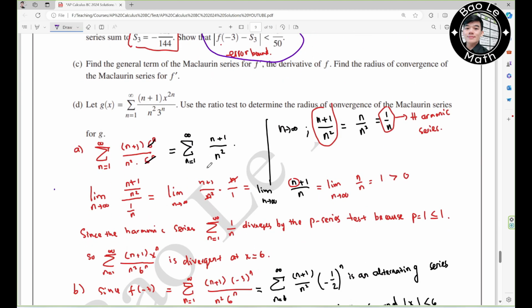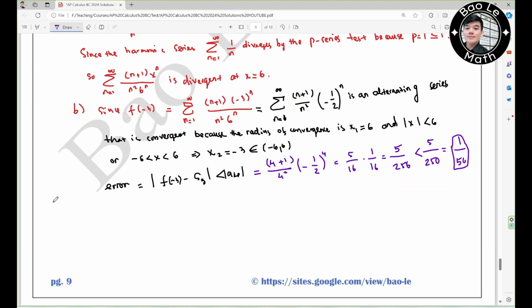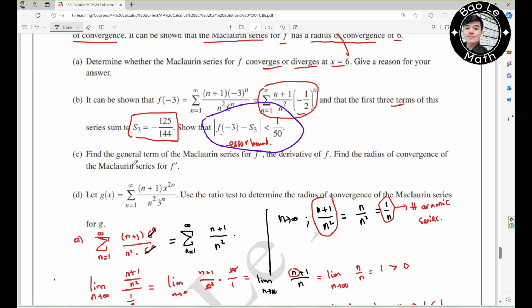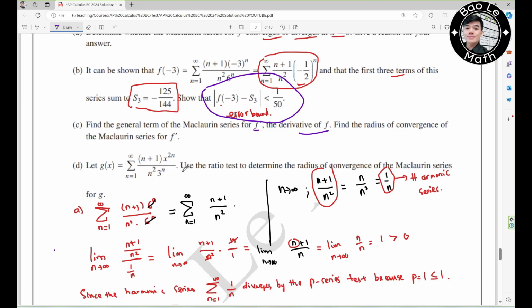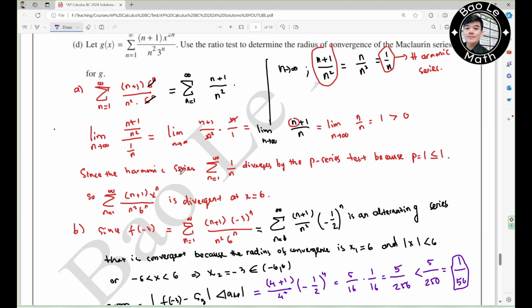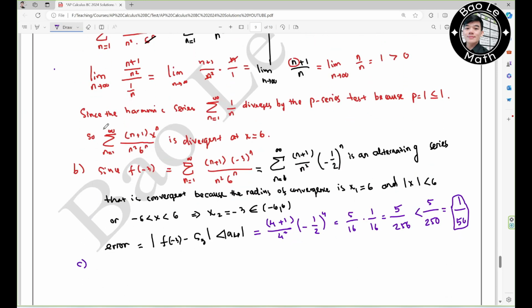Alright, let's move on to question C. Find the general terms of the Maclaurin series for f prime, the derivative of f. Find the radius of convergence of the Maclaurin series for f prime. Okay, so we have f is going to be this guy right here. Now f prime, we just take the derivative of this guy.